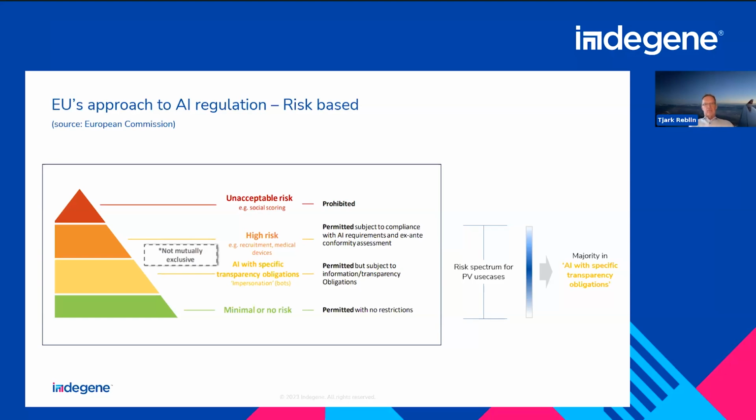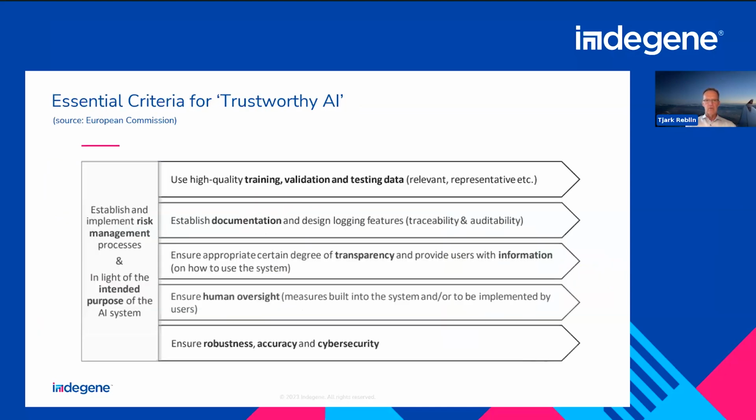So if we agree that many of the applications in PV are medium or high risk, I think proper approaches to risk management are critical. And if we can switch to the next slide now, thank you very much. This is actually a nice summary from the assessment list of trustworthy AI. And there are a number of bullets which I'd briefly like to skim through. The first one is on high quality training, validation, and testing.